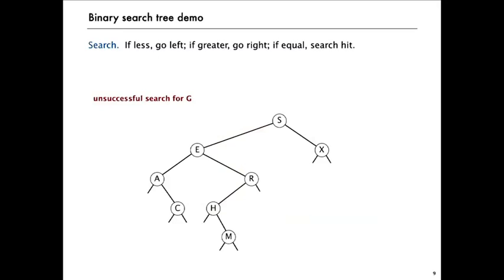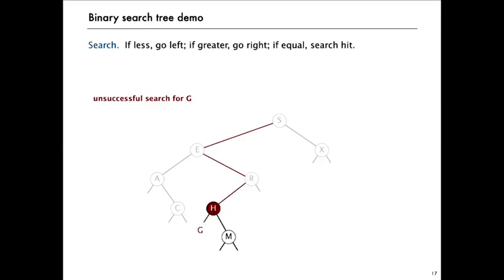What about an unsuccessful search? Well, the same rules follow. If it's in the tree, it's got to be to the left or right, according to whether it's smaller or larger than the key at the root. In this case, if we're searching for G, it's got to go left because it's less than S. When we come against the E, we go right because it's bigger than E. Against the R, we have to go left because it's less than R. We come against the H, we have to go left.